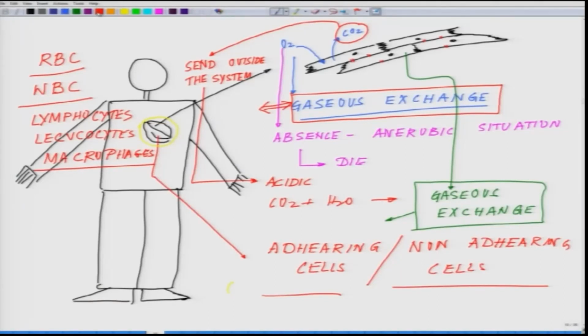One second, let me change the color. Non-adhering cells, it is rolling, it is moving through. But while it is moving through, it may secrete certain things. In real life we do not know what it is secreting, and what it secretes into its surroundings may influence another cell, an adhering cell sitting underneath.